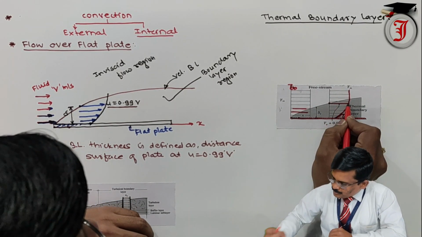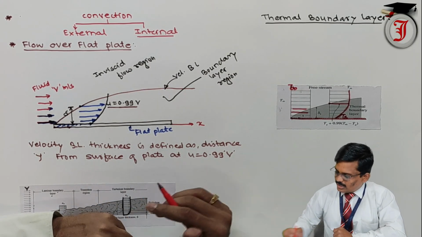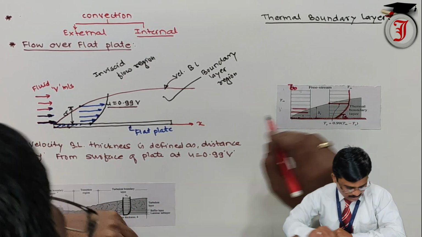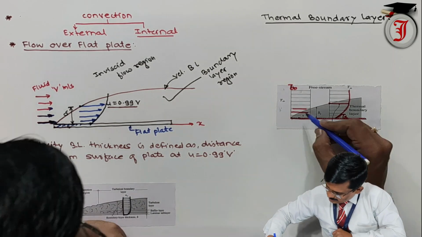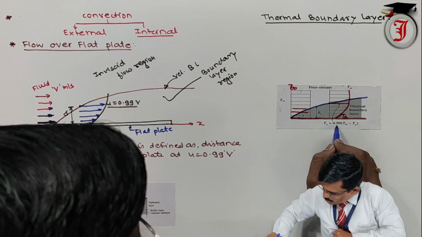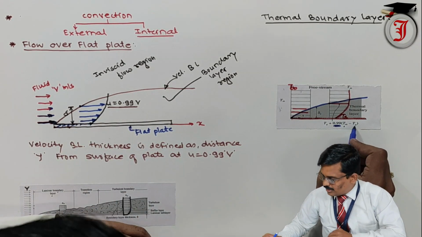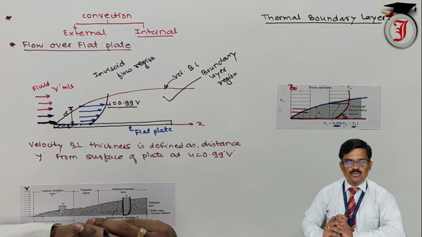As the temperature goes on, this is called the temperature profile, and the layer where there is a significant effect of temperature change is called the thermal boundary layer. This shows the thermal boundary layer, where the temperature difference reaches 0.99 of the free stream temperature minus the surface temperature.